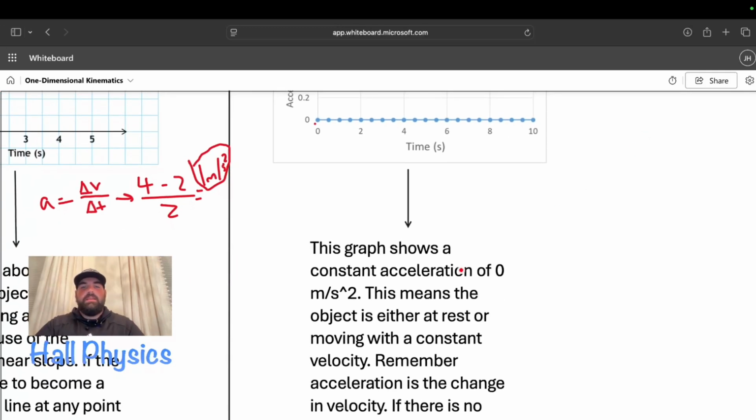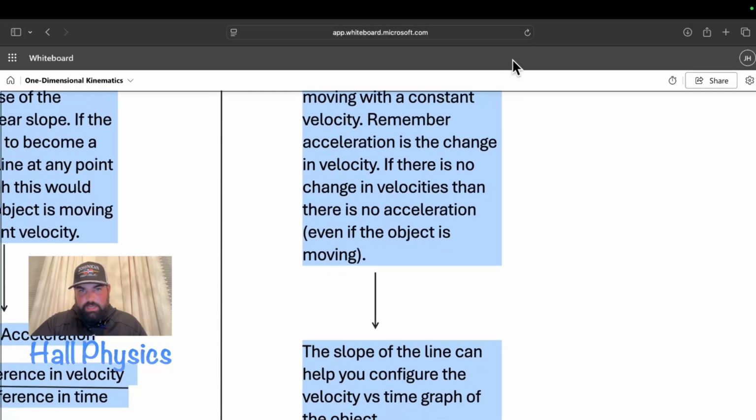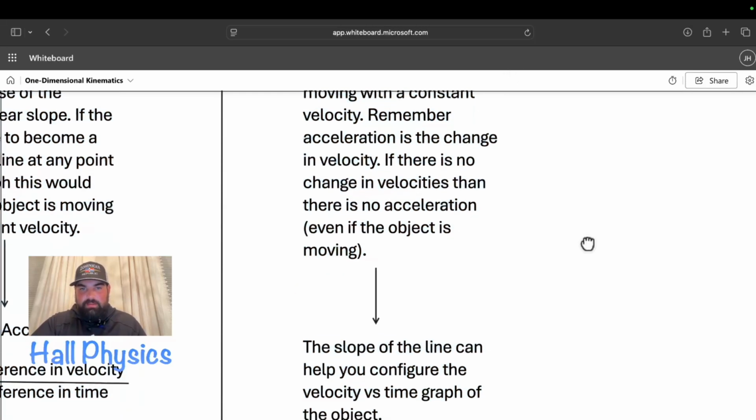This means that the object is either at rest, not moving at all, or that the object is moving with a constant velocity over these 10 seconds. Because remember, acceleration is a change in velocity. If there's no change, then there's no acceleration, which means it'd be 0.